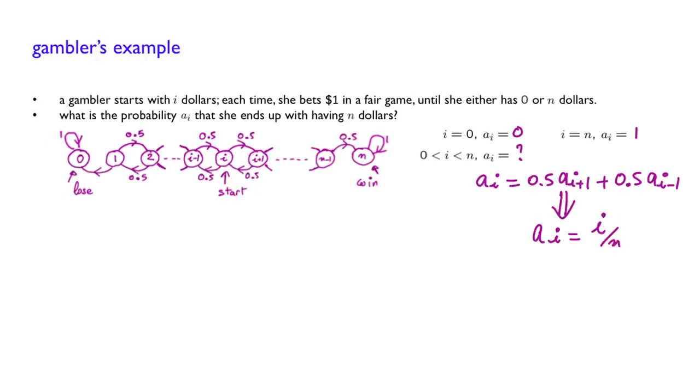So if you start with i amount of money, the probability that you're going to reach your goal n is i over n. So here clearly, if you're extremely greedy and you have a very, very high goal, that means n is very, very large, so large that compared to your initial amount i, n can be considered to be infinity.